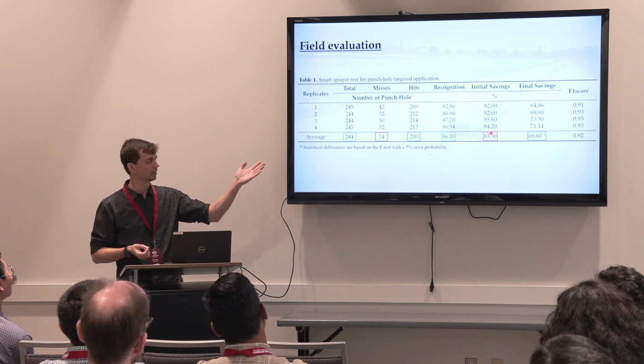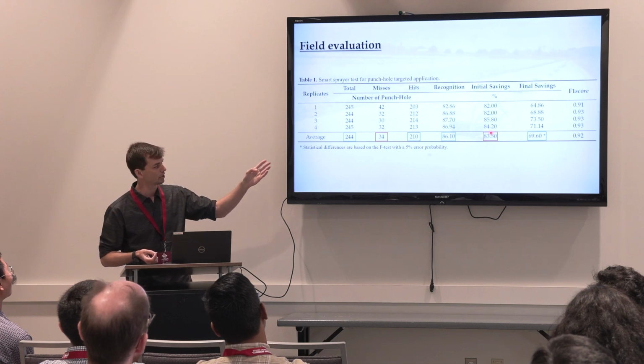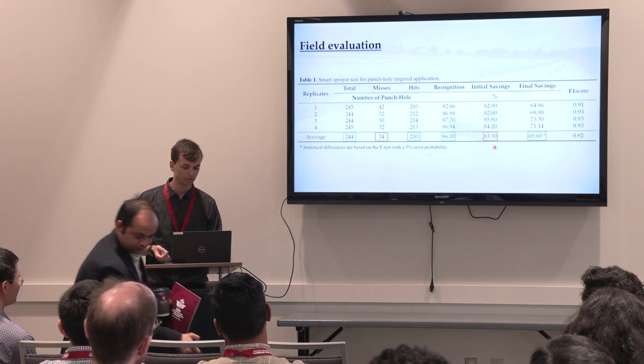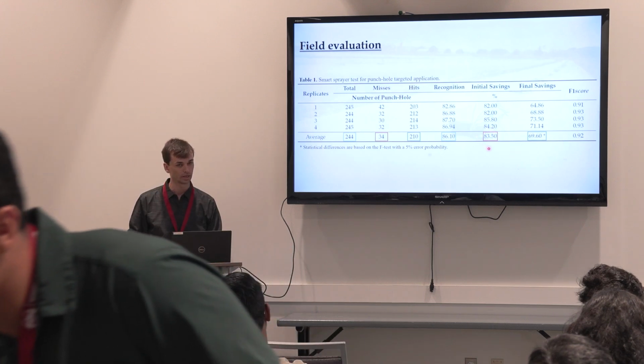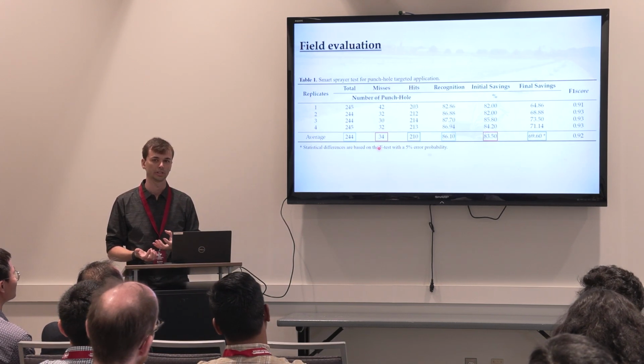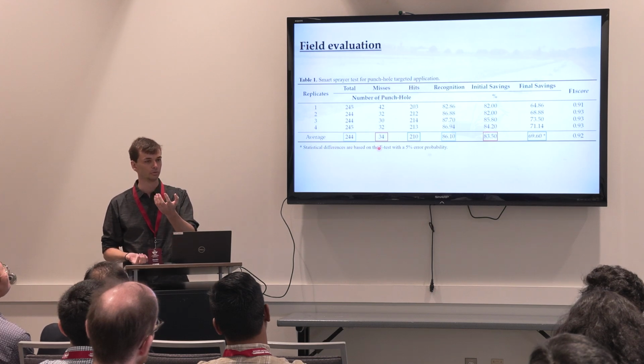The initial herbicide savings was 84%, but this value is not correct, because since we have 34 punch holes that were not recognized, we are overestimating the value.